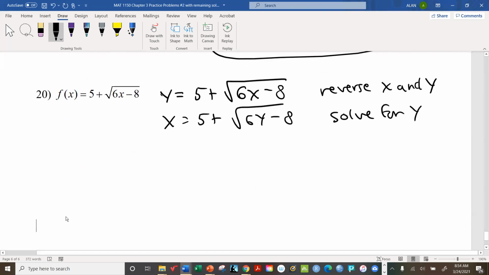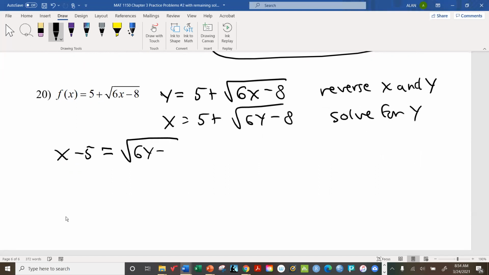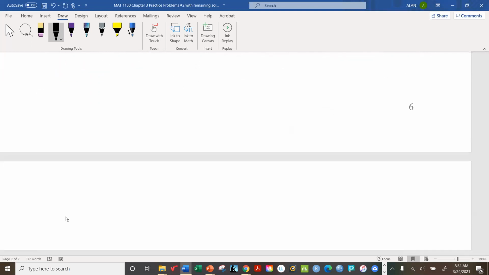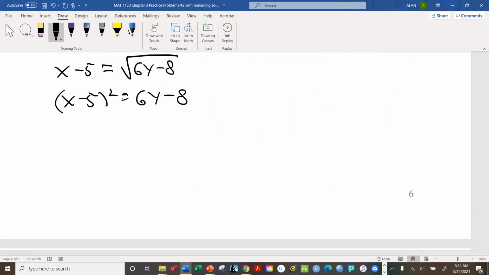All right, so of course we'll start by subtracting the 5. Then we can square both sides. We can add the 8 to both sides. Then we can divide out the 6.